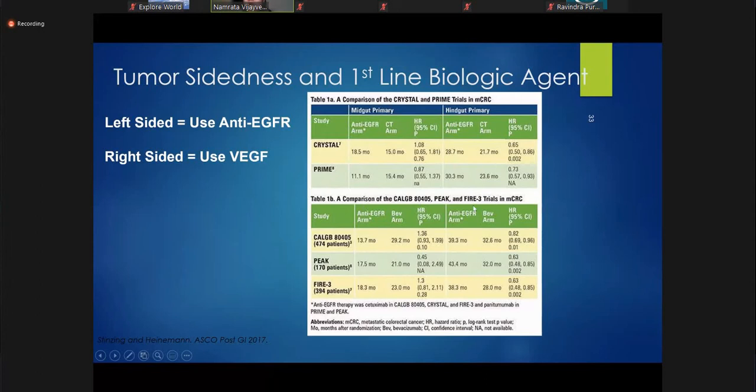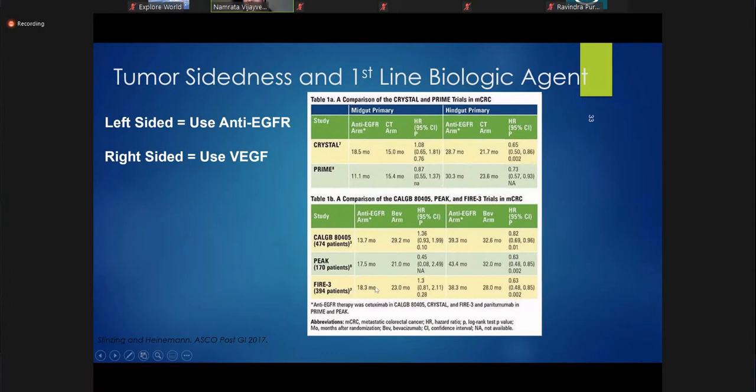The CALGB and FIRE-3 were the sequencing trials, and there's another one, PEAK, which I didn't include earlier. In this analysis, midgut primaries basically means the right-sided cancers, and hindgut primaries are the left-sided cancers. For the midgut primaries, the right-sided cancers, anti-EGFR therapy was worse than the bevacizumab therapy: 29 versus 13 months favoring the Bev arm.